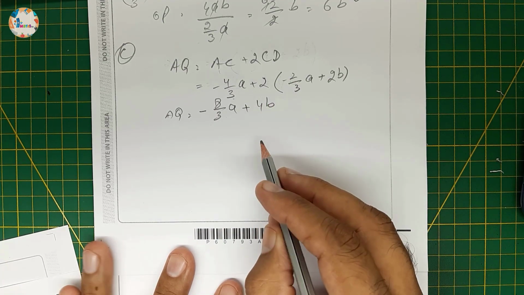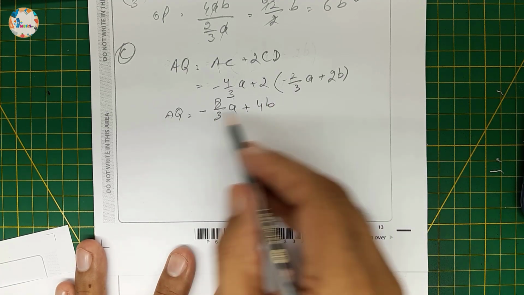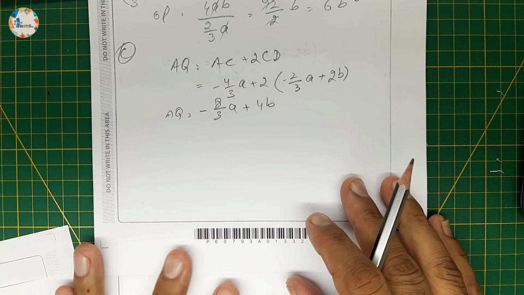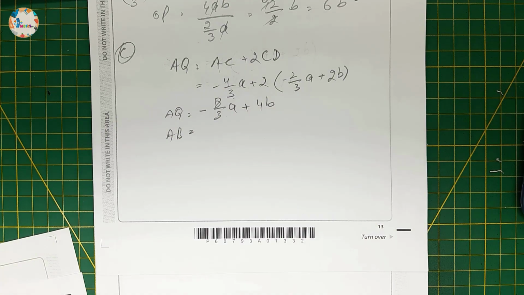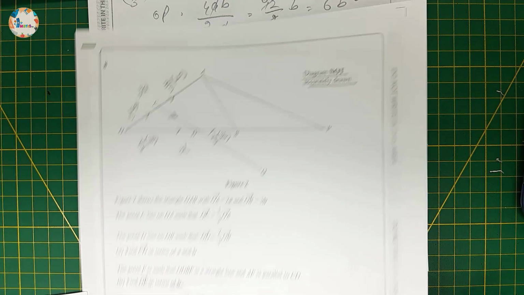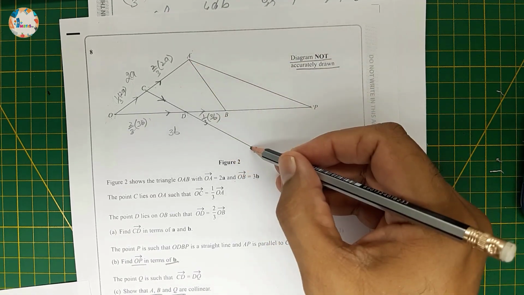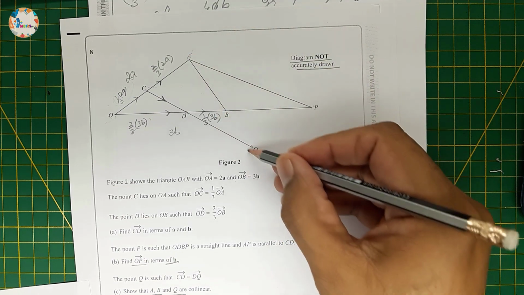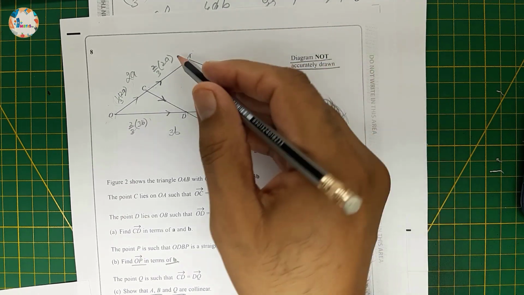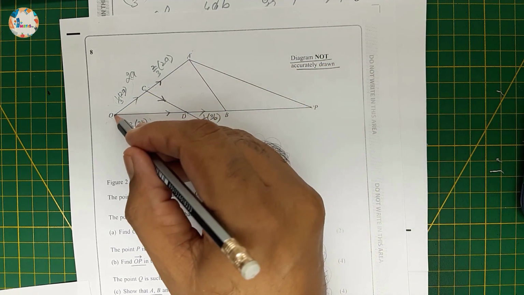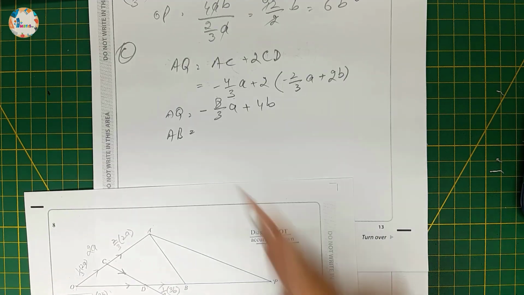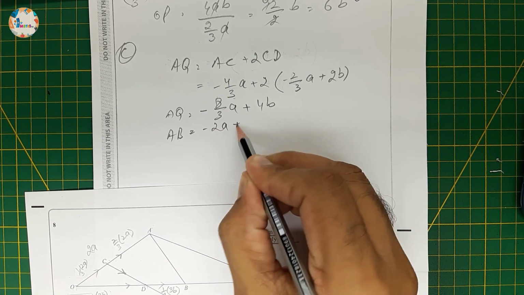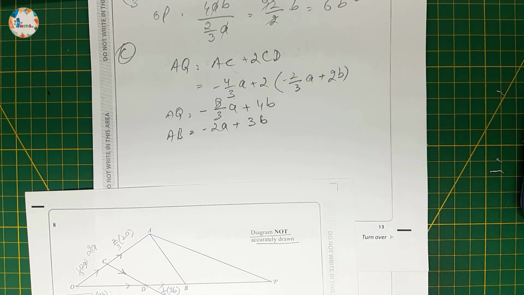Now this is the AQ value, and now we can write the AB value. AB is minus 2a plus 3b, so we can write minus 2a plus 3b for this one.